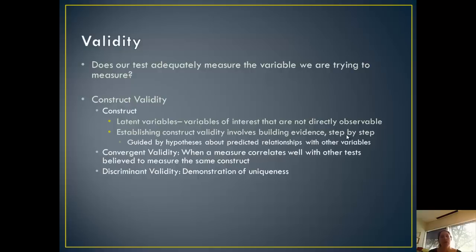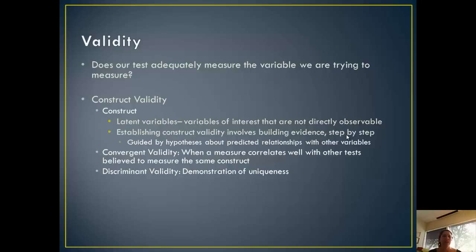We also establish construct validity by looking at discriminant validity. And this is where we say, okay, we have this new measure of stress, and it demonstrates some unique quality. It's able to uniquely measure stress in a new way. There are a lot of different ways that you can look at discriminant validity.